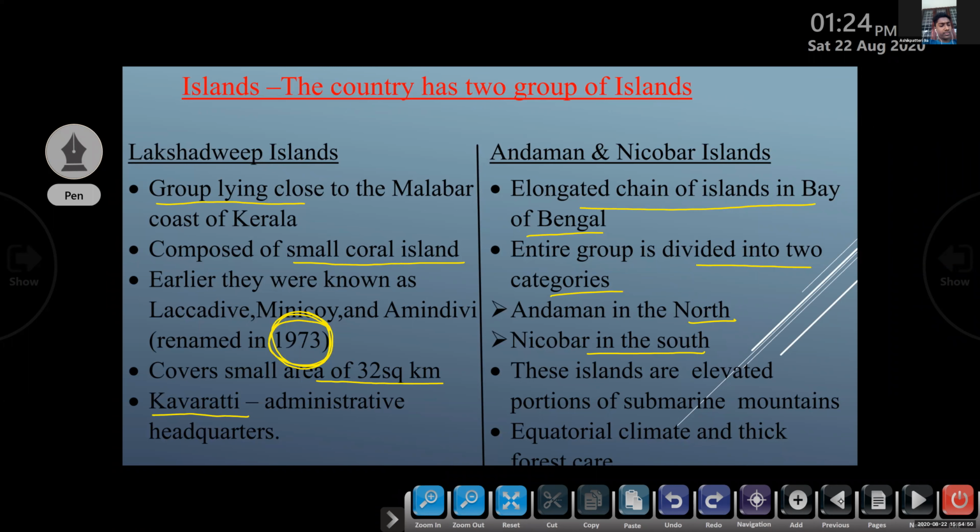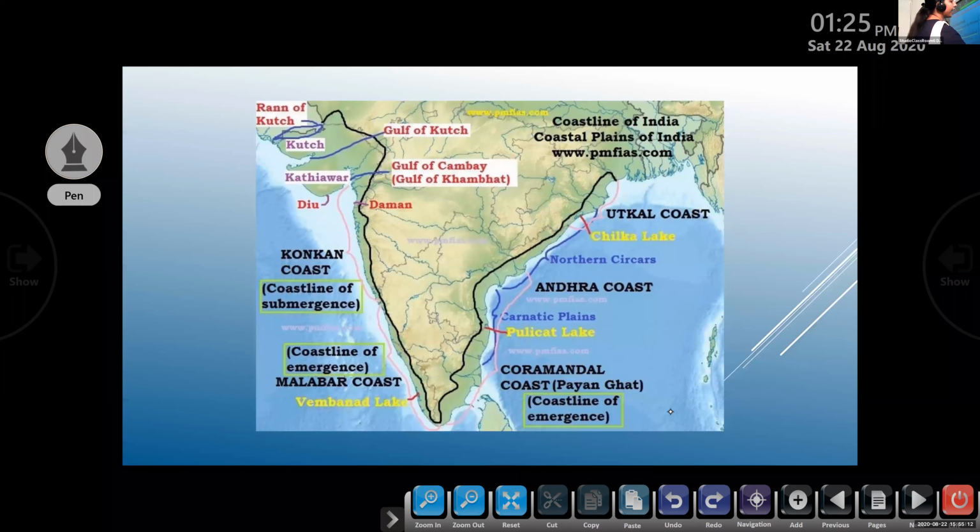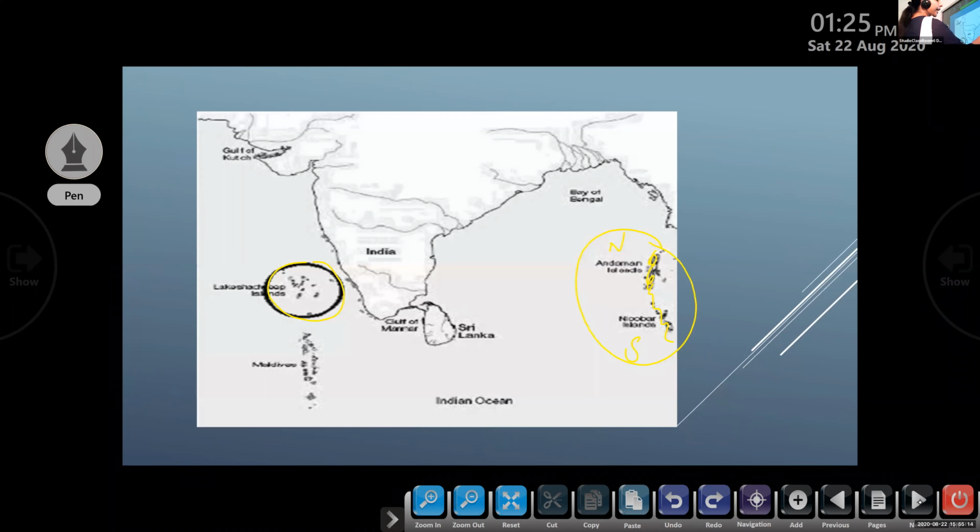Then, these islands are the elevated portions of submarine mountains. It is believed that these island groups are submerged mountains, the elevated or height part of submerged mountains.